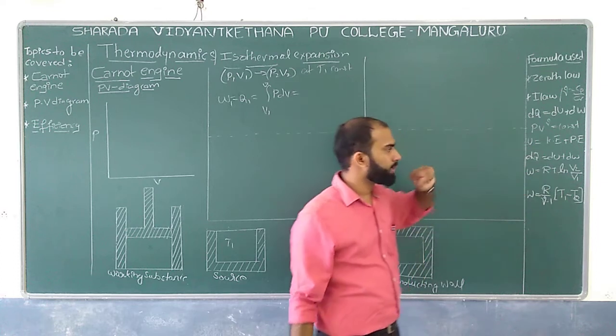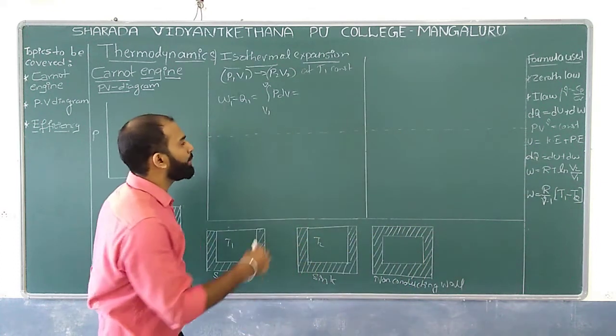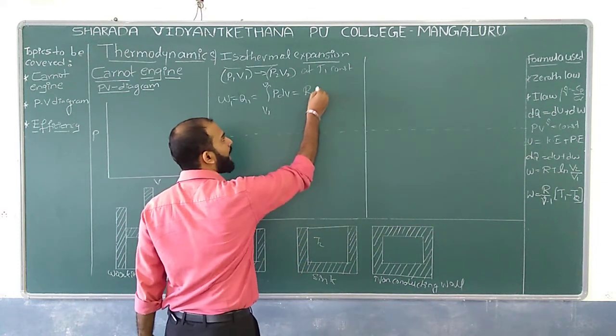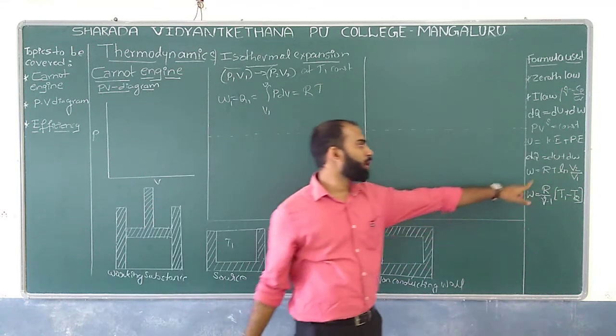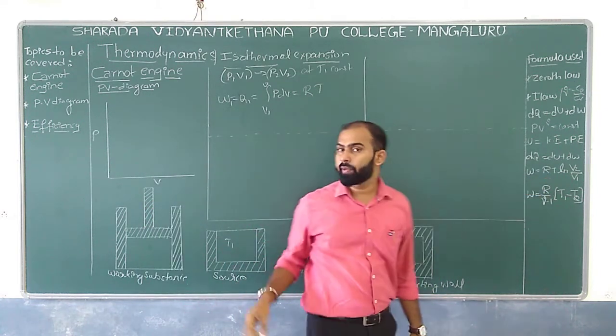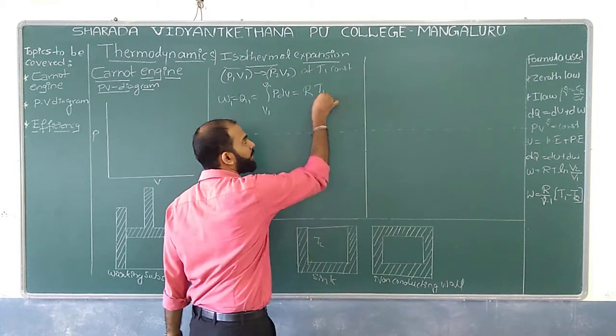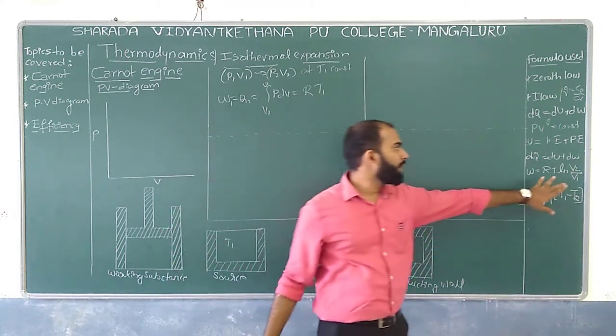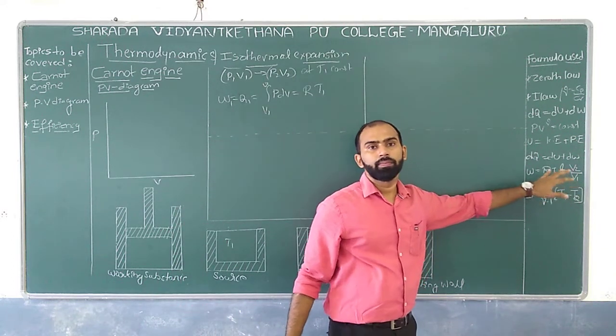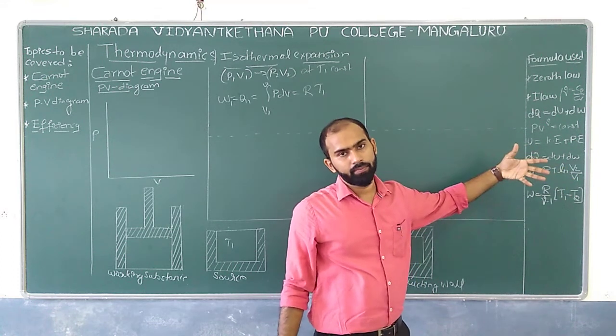Yes or no? Yes. So now your job is to take this, that is, the T can be replaced by what? What is the temperature which is maintained over here? It's very simple, that is T1. This is ln, which indicates log to the base e.